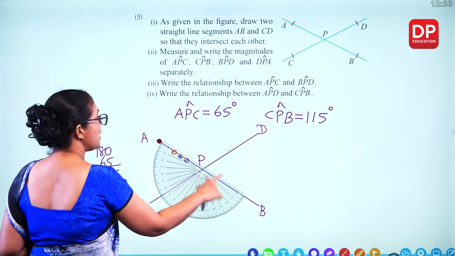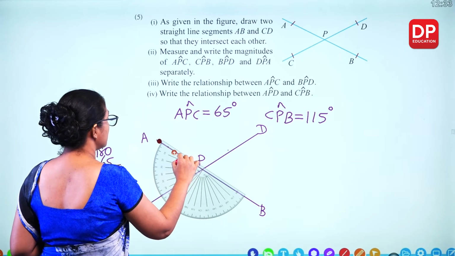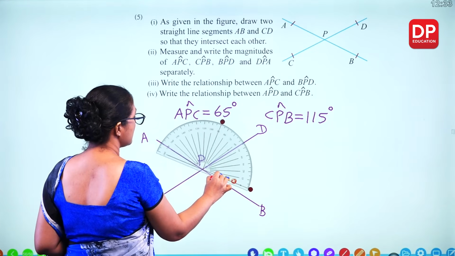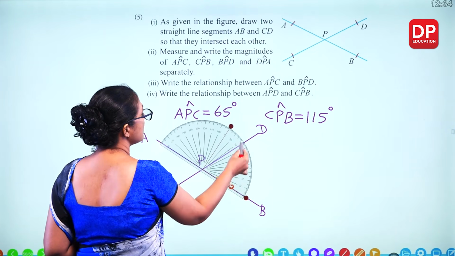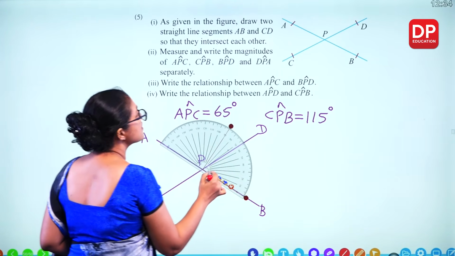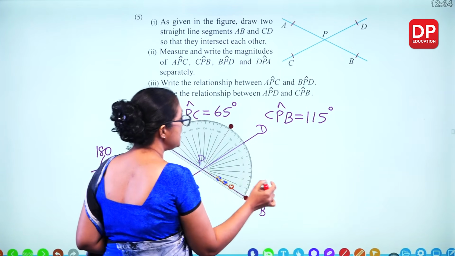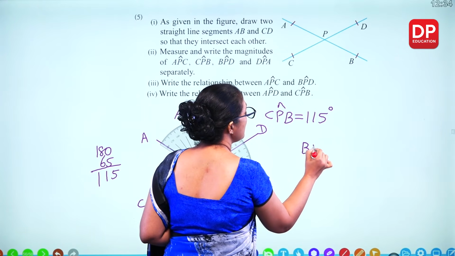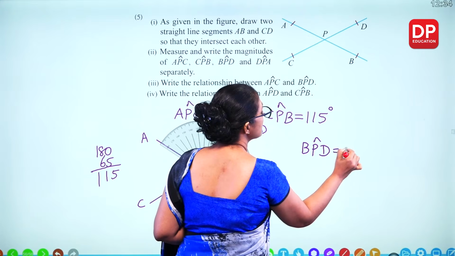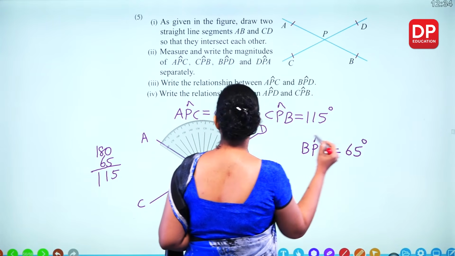BPD. BPD is this angle. So I can measure it this way. Here I get 65. BPD is 65 degrees.